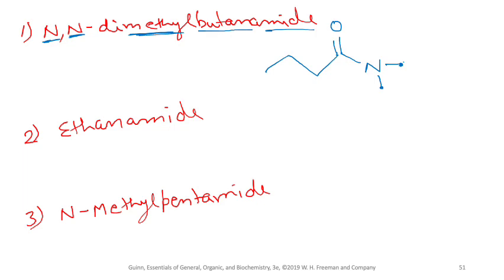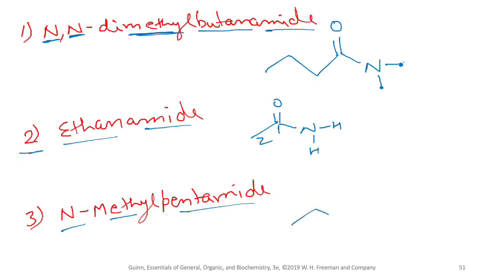Good. Let's do the second one, ethanamide. So ethane is 2 carbons, 1, 2, and then the amide nitrogen. There is no N written in the front, that means the nitrogen contains hydrogen on both bonds. So ethanamide. Let's do the third one, N-methyl pentanamide. Pentane is 5, 1, 2, 3, 4, 5.